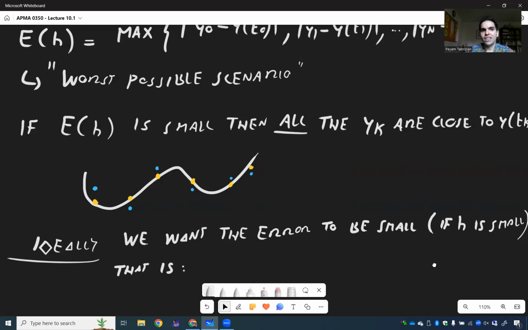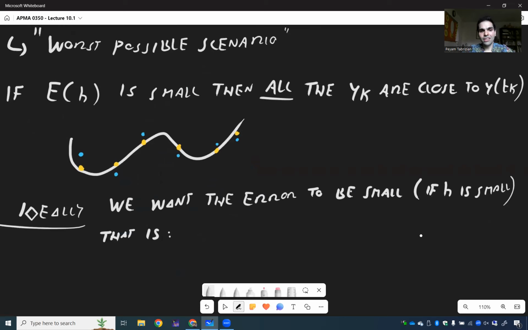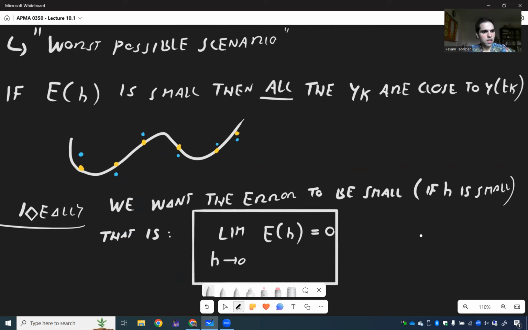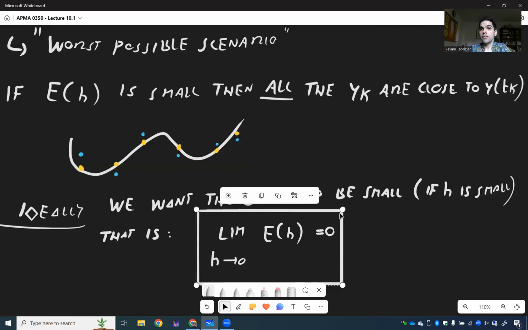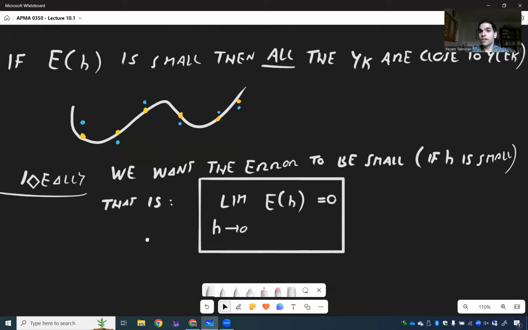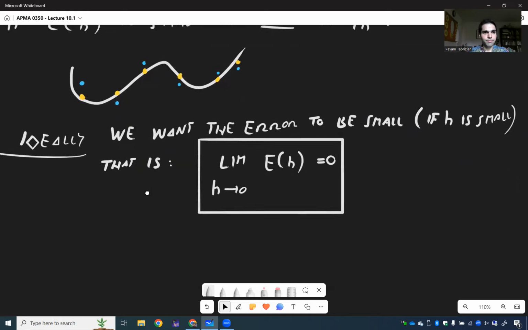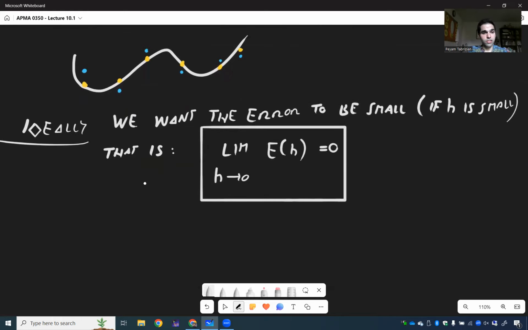That is, in terms of the word you love, limit, we want the limit as h goes to 0 of E of h to be 0. And that's really the definition for us of a good method. Namely, if the step size is small enough, then the error is small, meaning all your points are close to the true solution, like what we've seen in the previous example, where the Euler points were close to the graph.